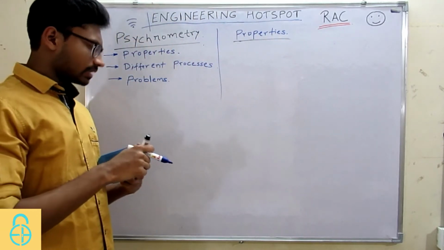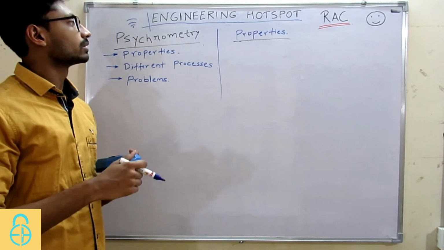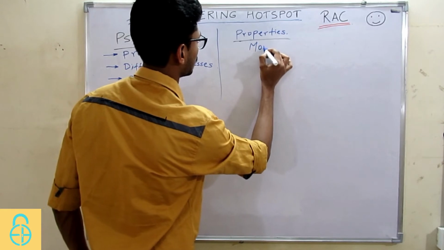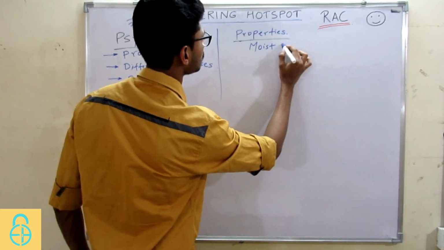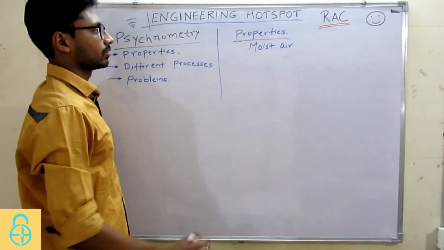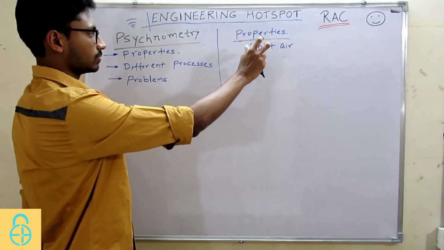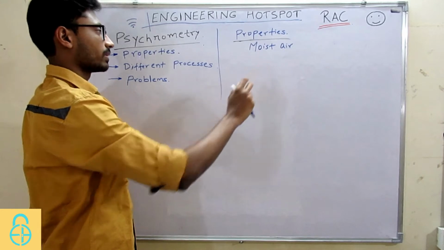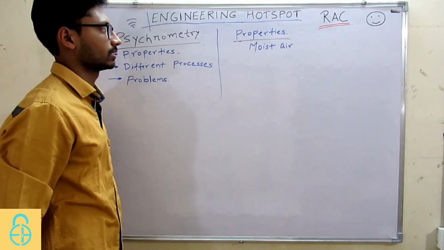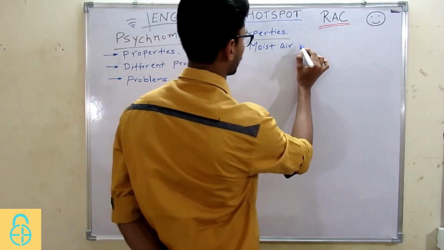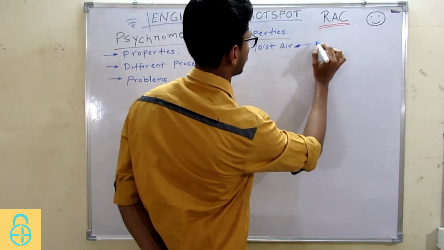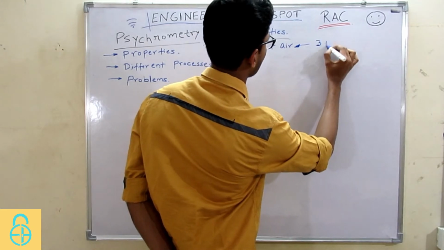Since we are dealing with moist air, the mixture of dry air and water vapor, to know or calculate all the properties of moist air, we first have to fix three properties.